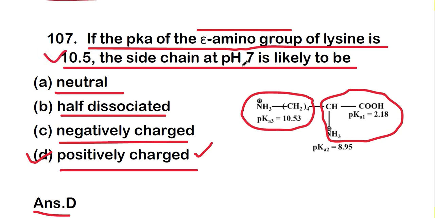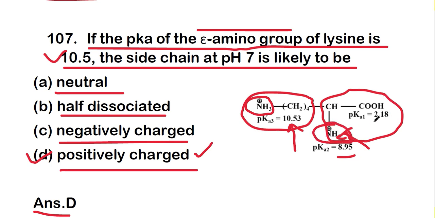So when the pH is 7, what we can see in the NH3 group: will it be a positive sign or a negative sign? This NH3 plus group releases its H plus ion when the pH is 10.53. Previously, at pH 8.95, it releases the H plus ion from its alpha amino group.